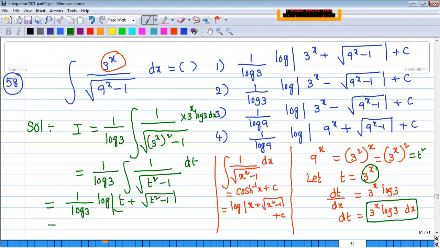So this we can write 1 upon log 3 log of mod 3 power x plus root of 9 power x minus 1 plus constant of integration. Option 1. Yes.